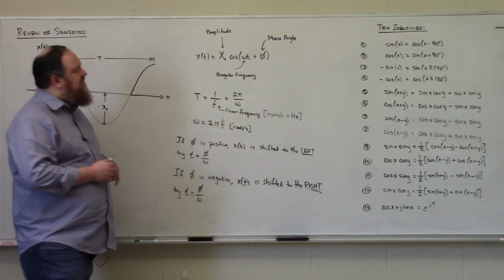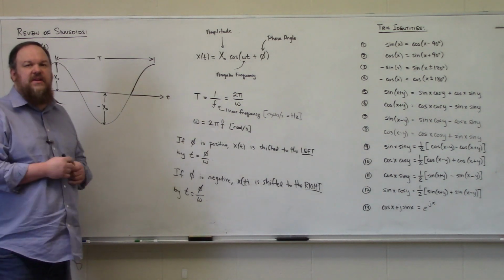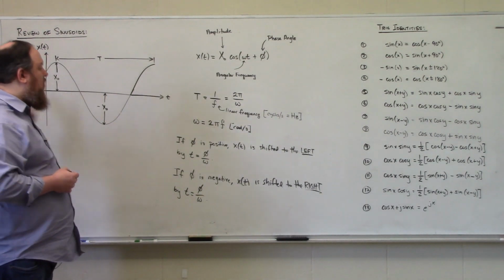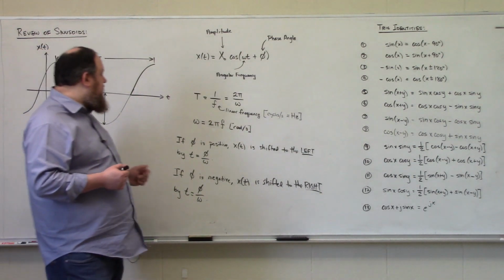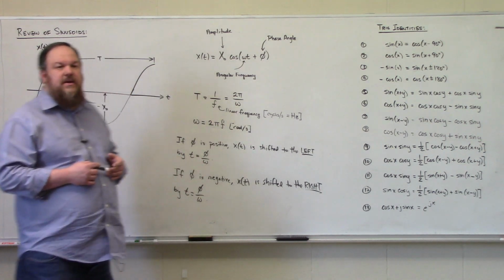So this is the role that our phase angle plays. It's just a measure of how much we are time shifting our waveform to the left or to the right, and it's related to the angular frequency.